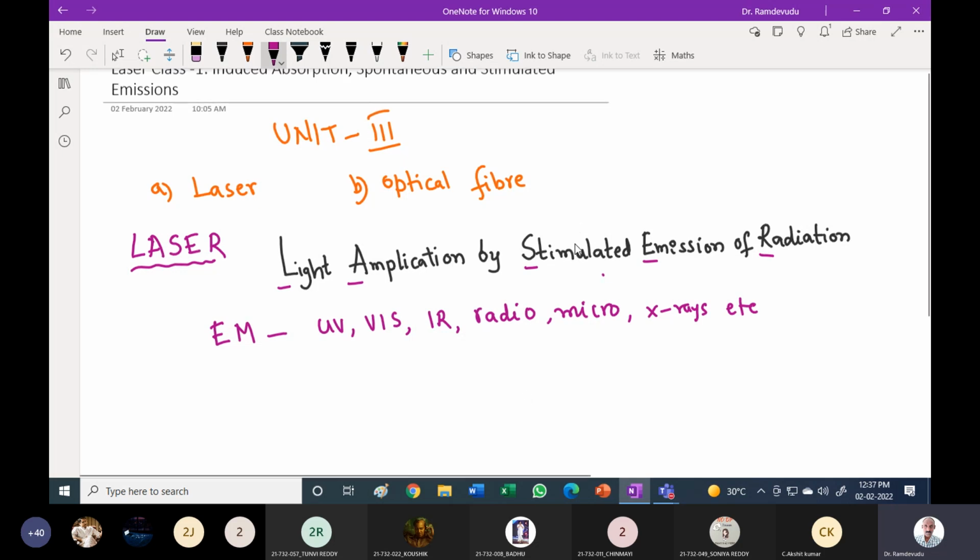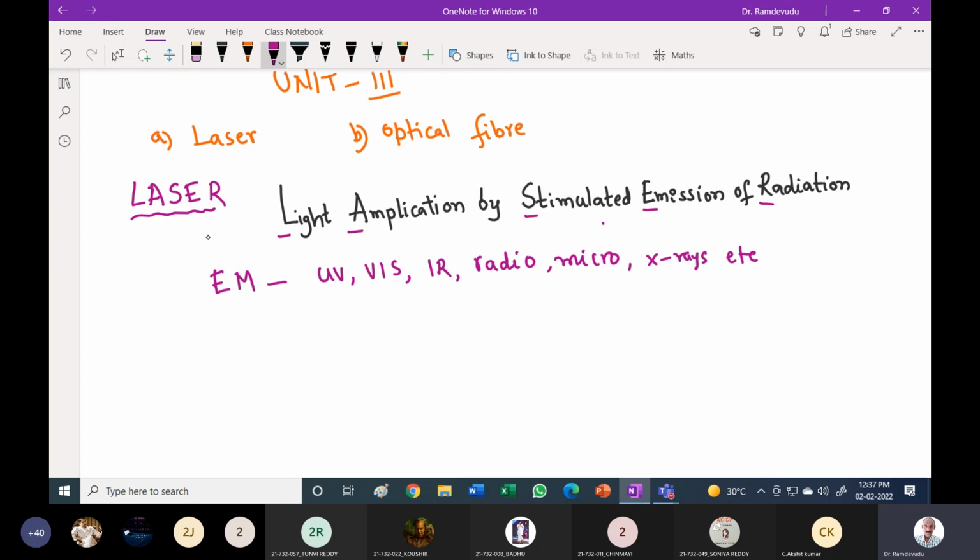So before going to the details of laser and how we get it, we first write the characteristics of laser light. We will compare the characteristics of laser light with ordinary light, and thereby know the differences between them.